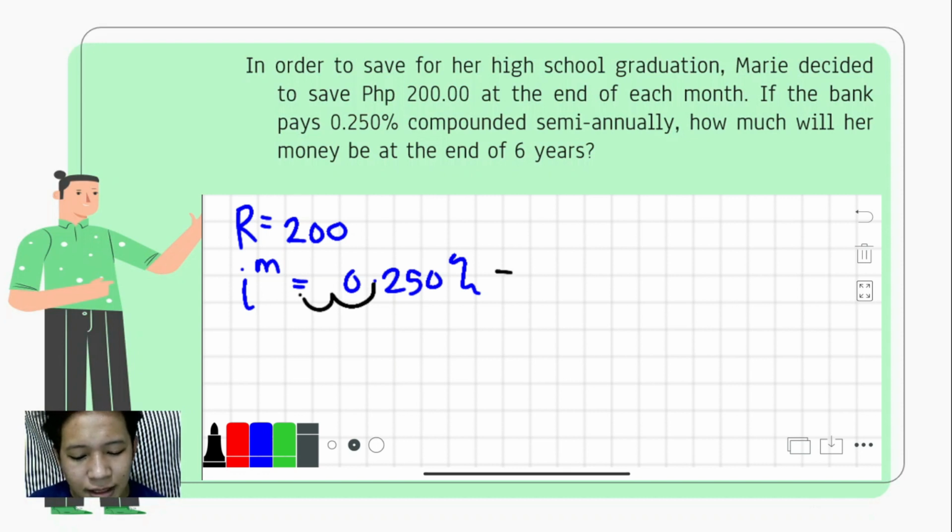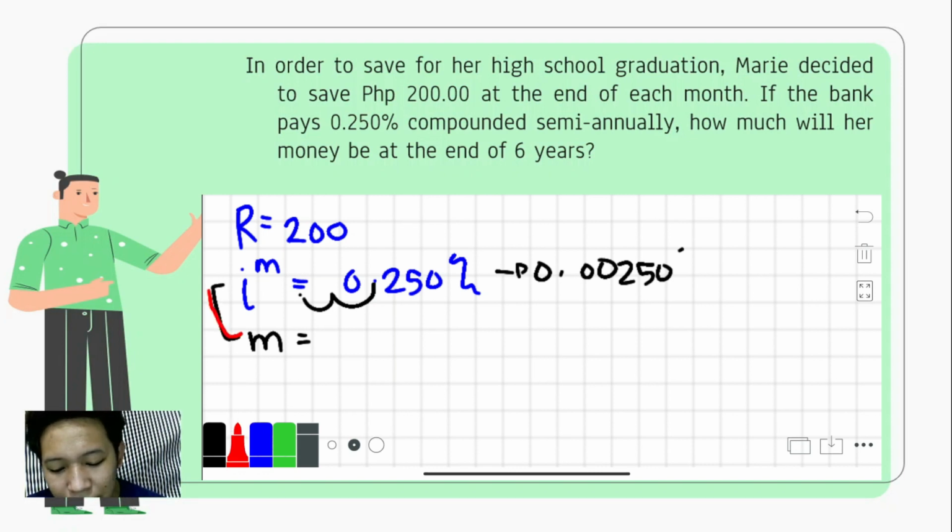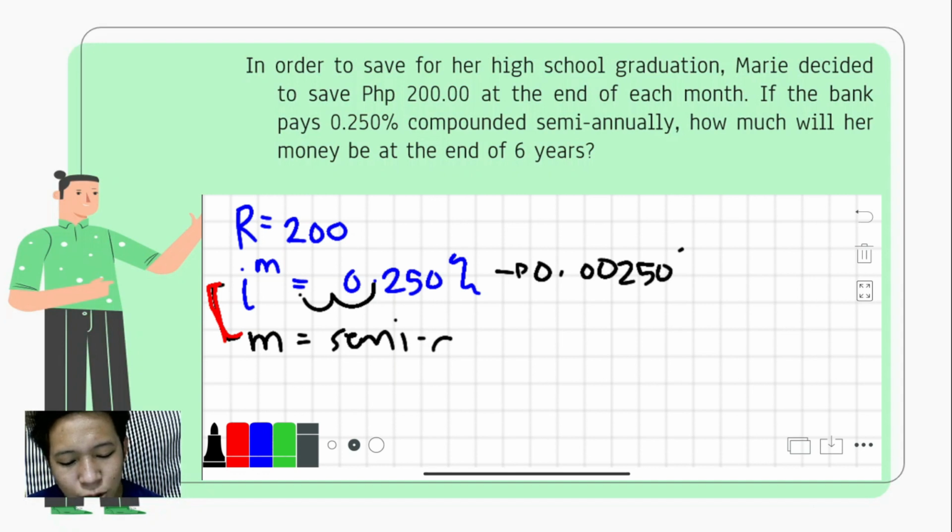So this is equivalent to 0.00250. And then sabi dyan, compounded semi-annually. So yung M natin with regards to our nominal rate would be semi-annually. Pag semi-annual, that is 2.